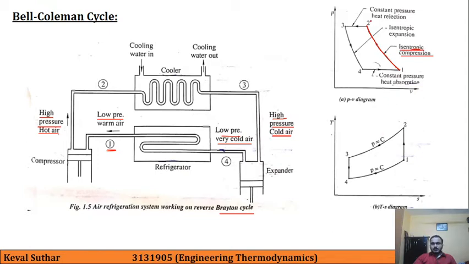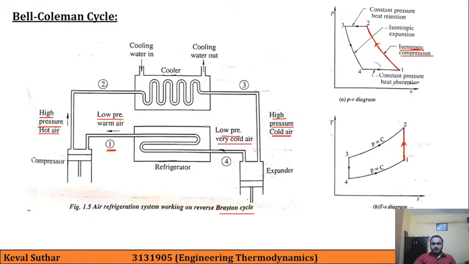In the compression process, pressure is increasing and volume is decreasing, and as it is isentropic, its entropy will remain constant. So it can be seen over here.